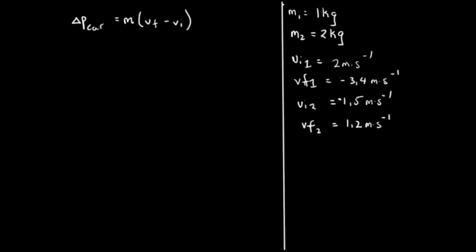So the first question, calculate the change in momentum for each toy. We're going to begin by calculating the change in momentum of the car. We know the car's mass was 1 kilogram.